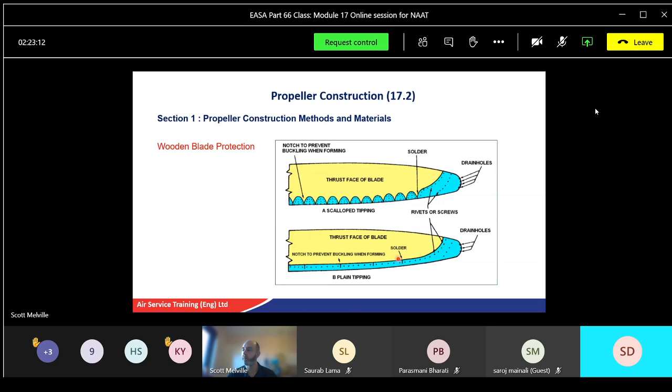Or there's the plain tipping one, just a band of metal going over the tip and the blade. Slightly heavier, possibly. So we call this one the scallop tipping, and we call the plain one, strangely enough, the plain tipping. Attached by rivets or screws. So again, if there's a hole for a screw or a rivet, there's potential for moisture to get in there. Hence why we have a drain hole, to allow the moisture to drain away.